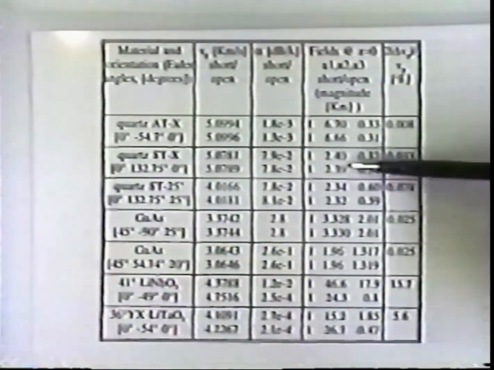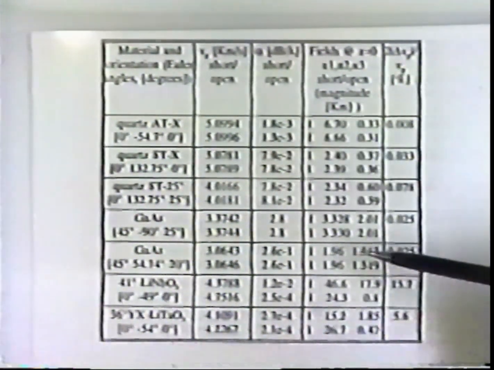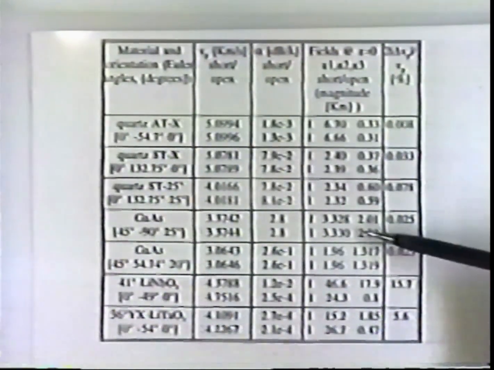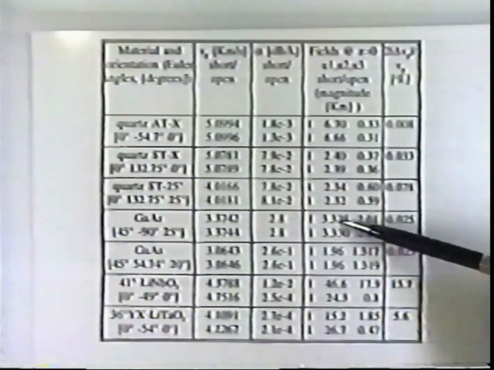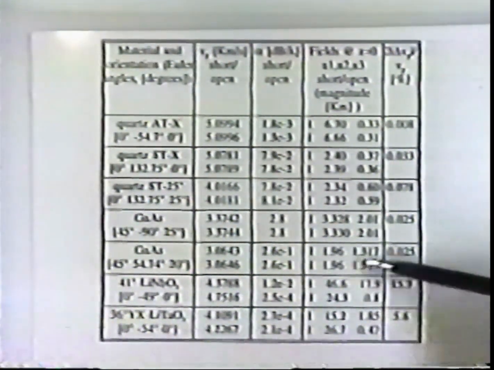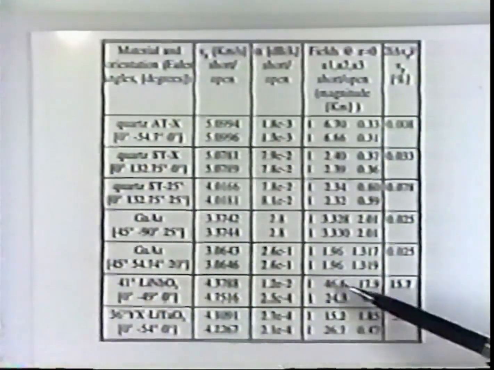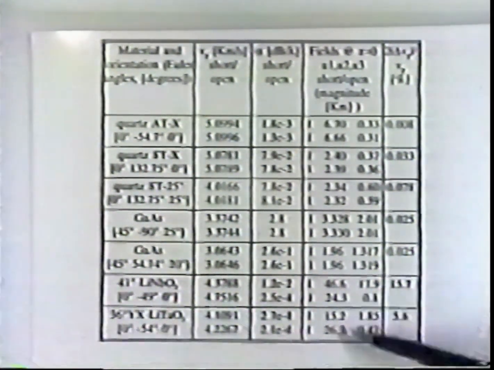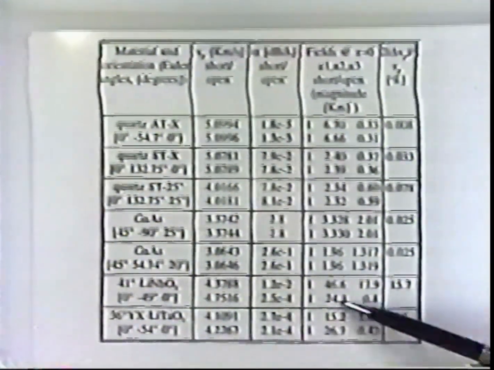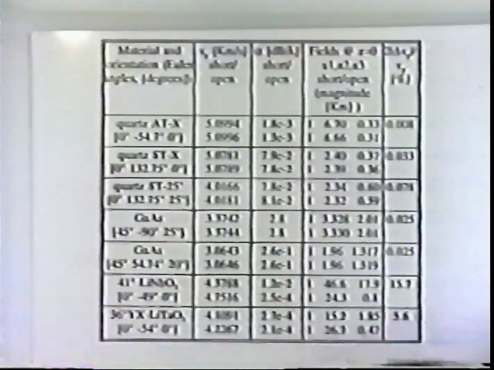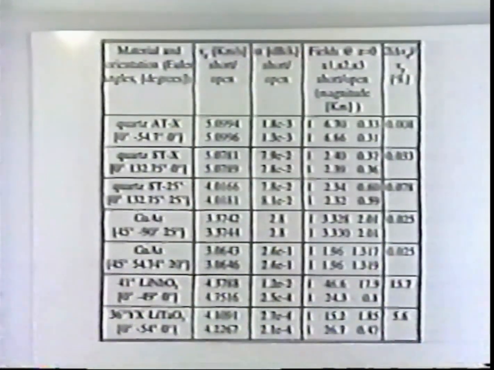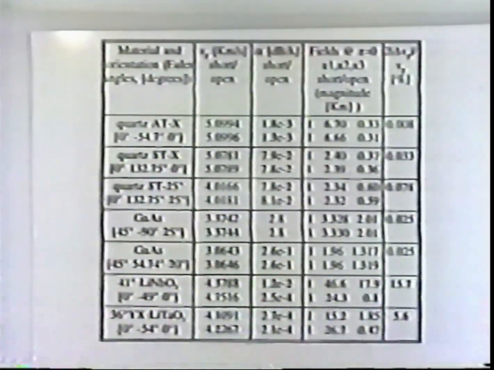So it's almost quasi-shear horizontal. As you go to gallium arsenide, for example, it's not as distinct. However, as you go to the lithium niobate, it's really quite significantly larger. The U2 component is dominant. The computations normalize to the U1 component, which is why you see those numbers.